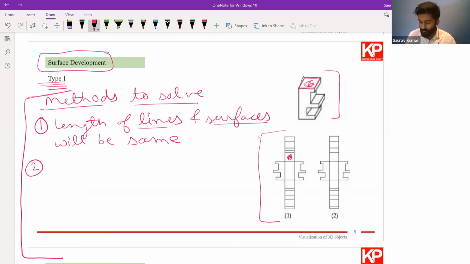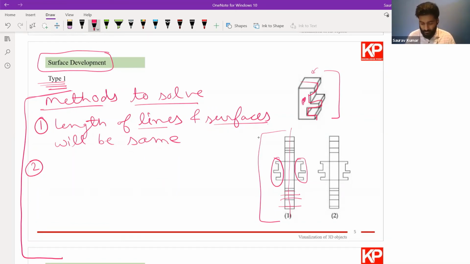Then the second method of solving such questions is, you see these two branches. These are basically the sides of the 3D object, this side and the opposite side. After that, it's basically one big rectangle having these different cutouts as per the folds.